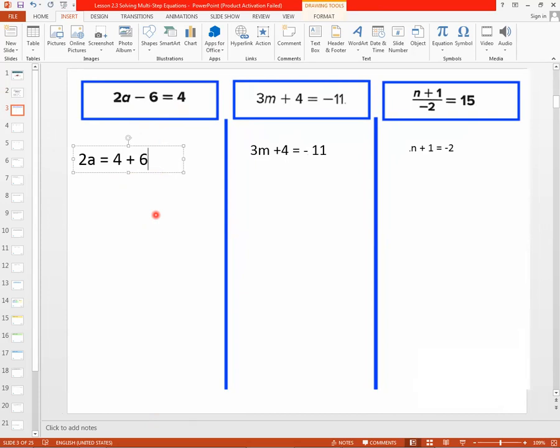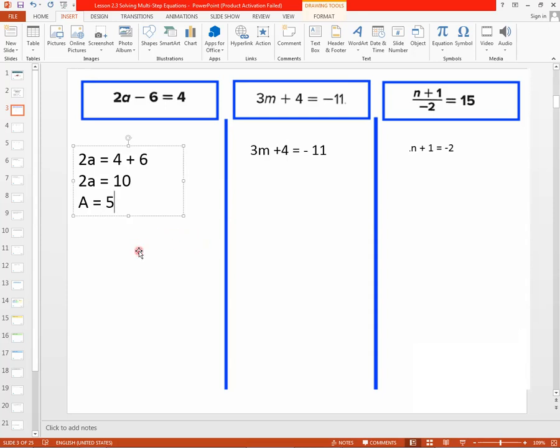Okay? Now we have 2a on the left. We have 4 plus 6 on the right. It is 10. Now I have to divide because it's a multiplication between 2 and a. Divided by 2, it's a. Divided by 2, just 5. That's all. The answer is 5.